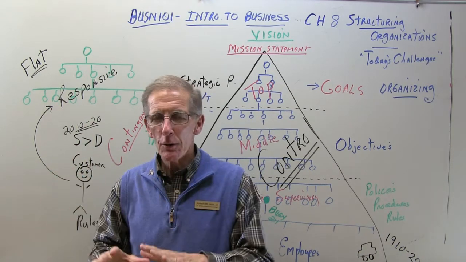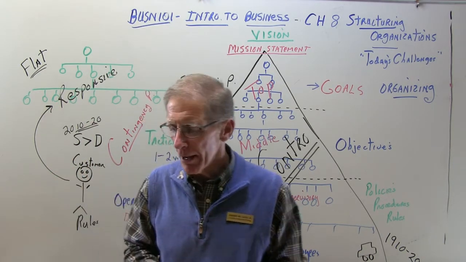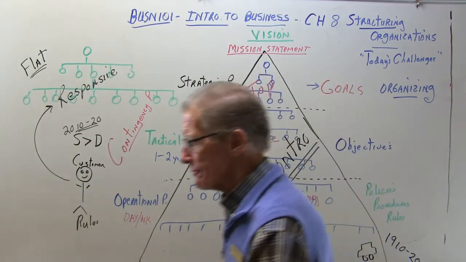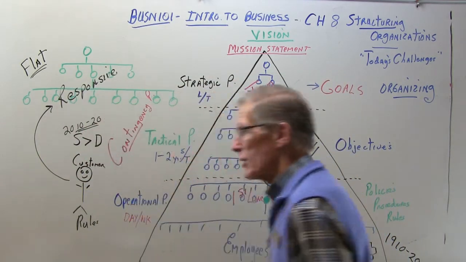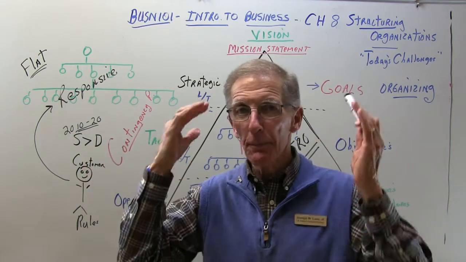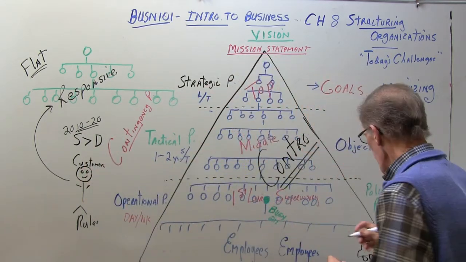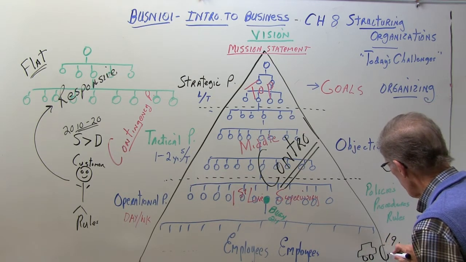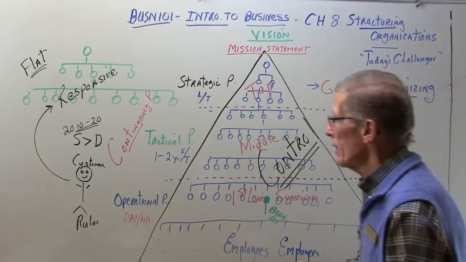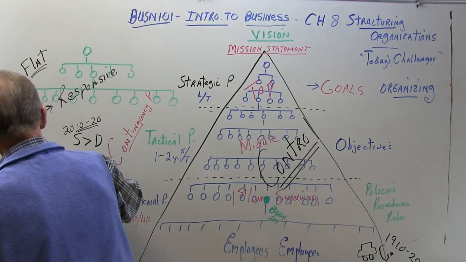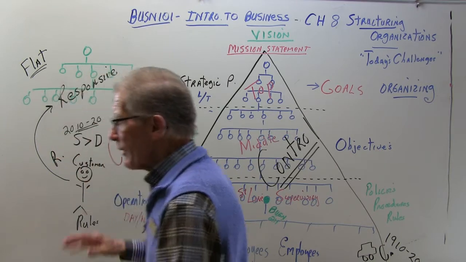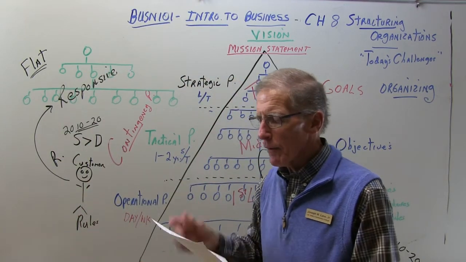Lean and mean, responsive? The answer would be yes. All right. So we've got to understand that here we're talking about control. Here we're talking about being responsive. All right. Different times.